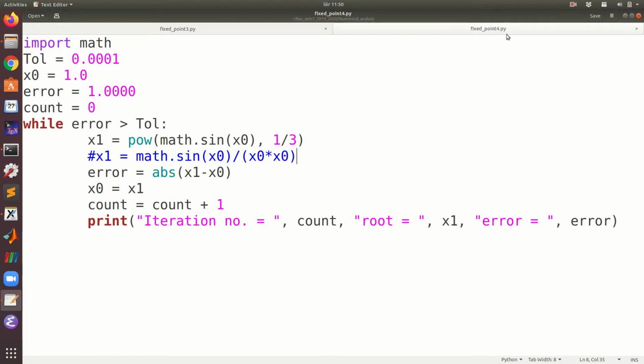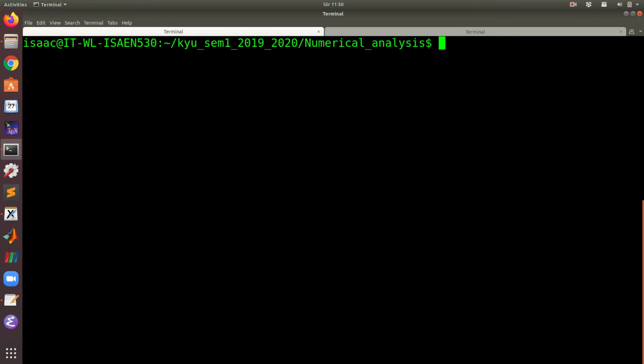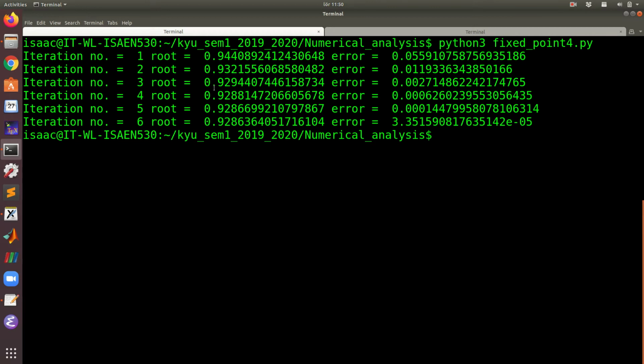So now we have commented the second one here, so we are running this one here, that is sine x to the power 1/3, and then we see if that is going to work for us. So let's go ahead. I think the first one works for us, and we get the root as 0.92 and so on.